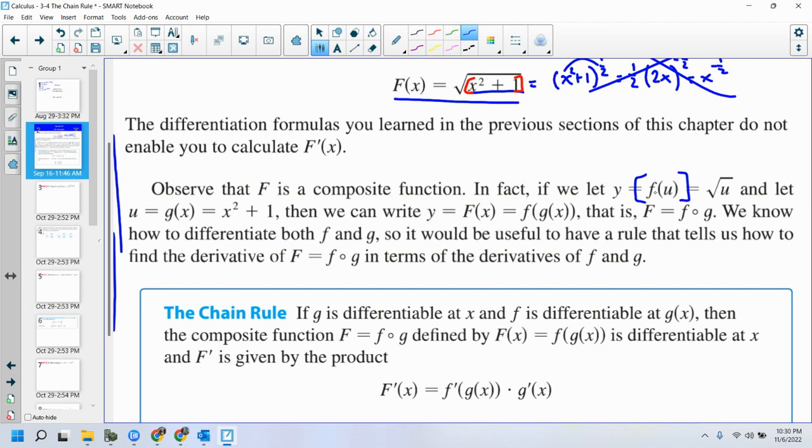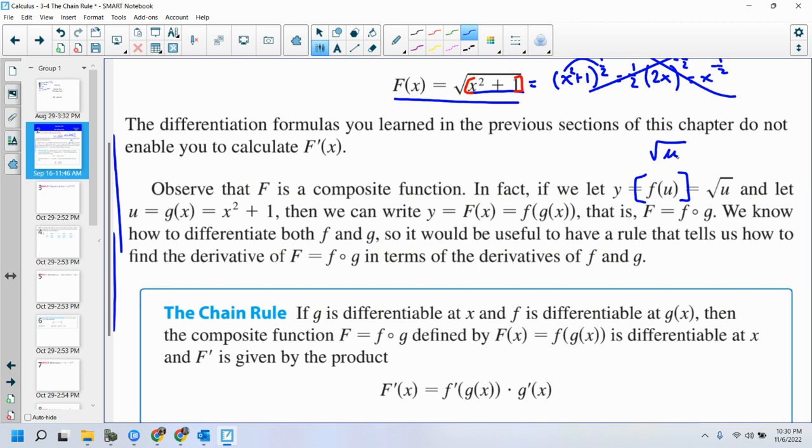So y, we're going to call it f of u. Great terminology. f of u is equal to radical u, right? So if we call f, that outside function, the square root, and then we take this x squared plus 1 and we call it u, then we can say that y is really equivalent to the square root of u.